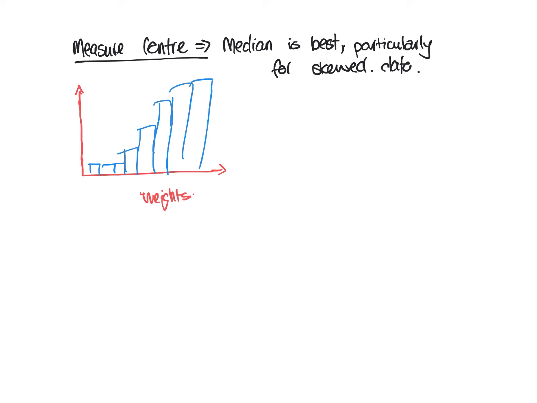Say this is around 80, 70, whatever, and then down here is like 48 kilos or whatever. If I was finding the median, it's going to fall here, because we've got all our data up here, don't we? So the median's going to be up there.